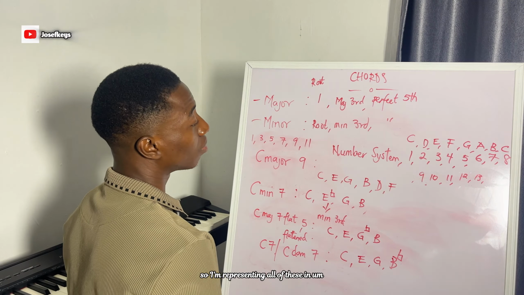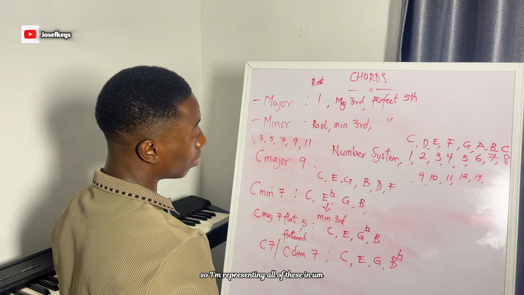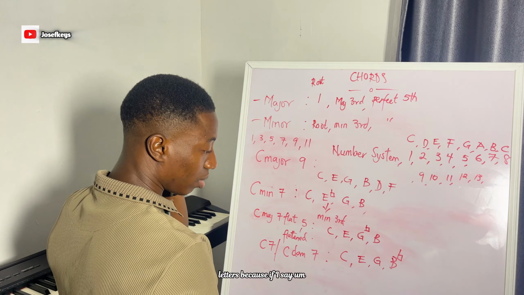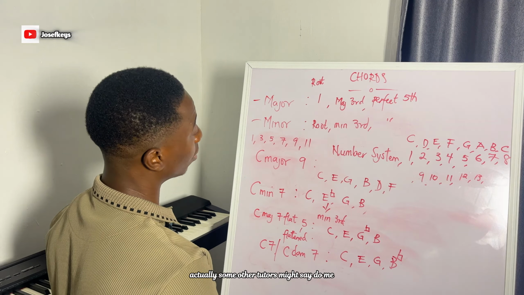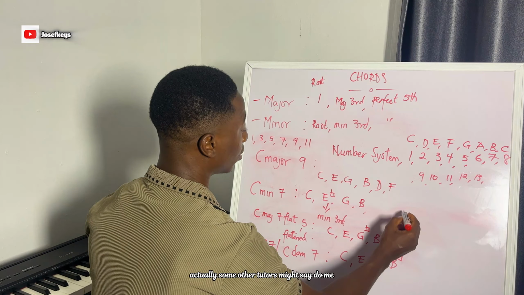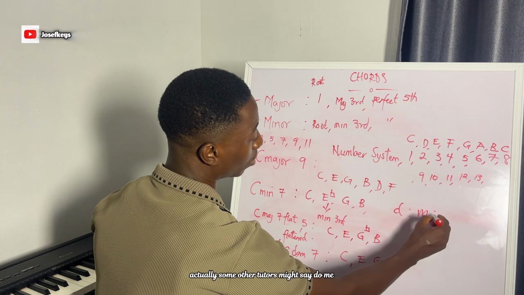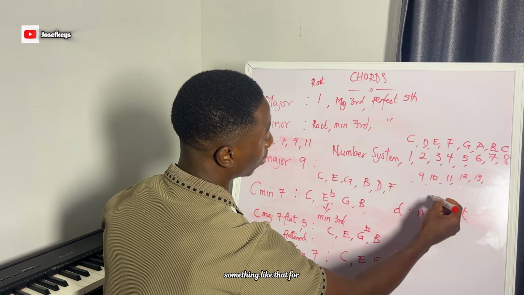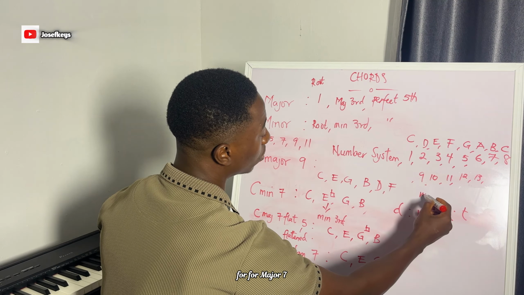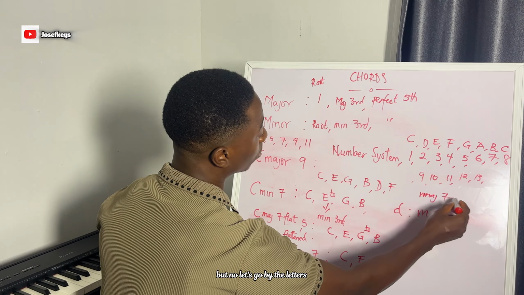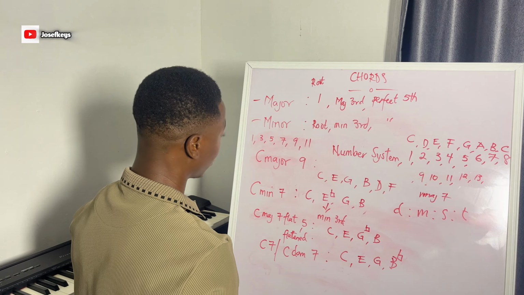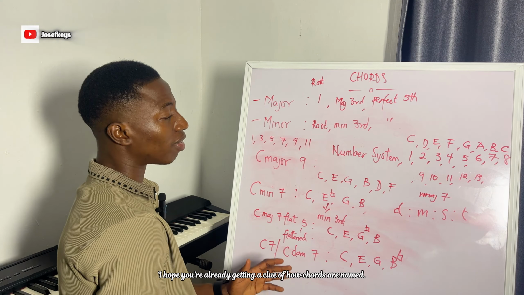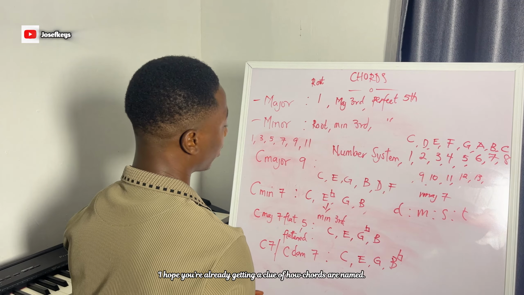I'm representing all of this in letters because some other tutors might say do, mi, so, ti, something like that. But no, let's go by their letters. I hope you're already getting a clue of how chords are named.